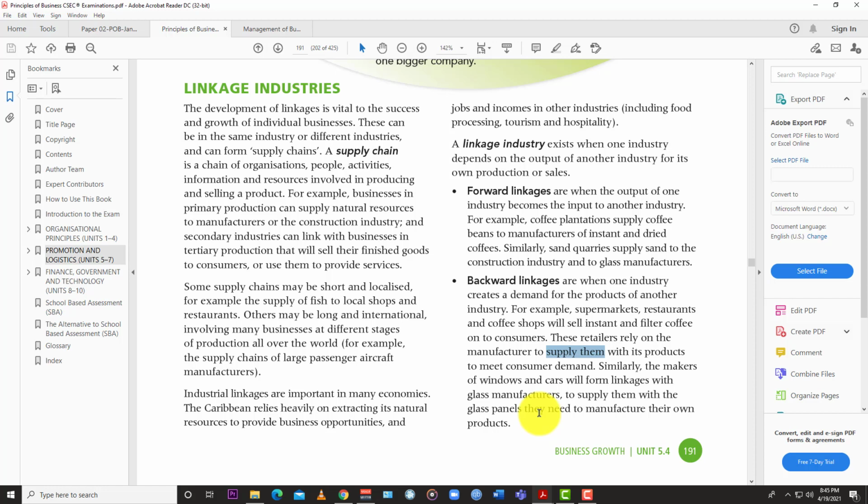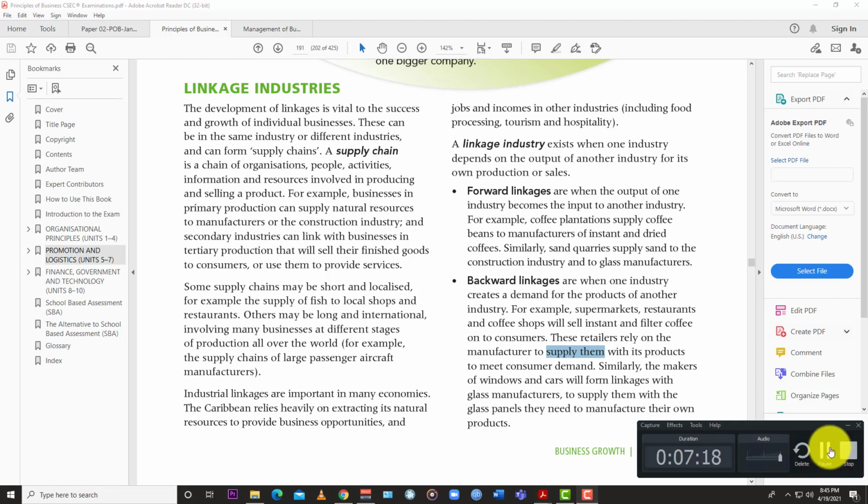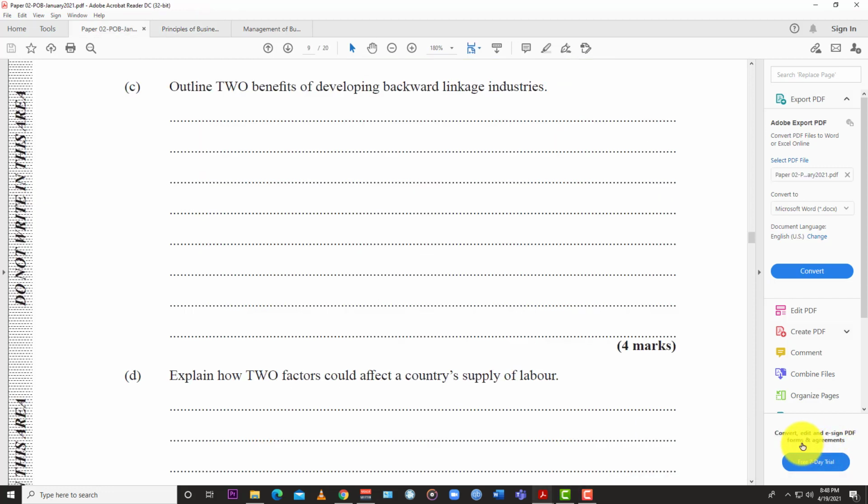So it's almost automatically that you have a supply base, a supply link, and so you don't have to go and wonder where you're going to get your raw materials from. If you have a backward linkage, then you have the supply chain right there. Our next major benefit, of course, to backward linkage is the fact that you can reduce your costs. Your cost of production can be reduced if you have a more efficient, less disrupted supply chain.